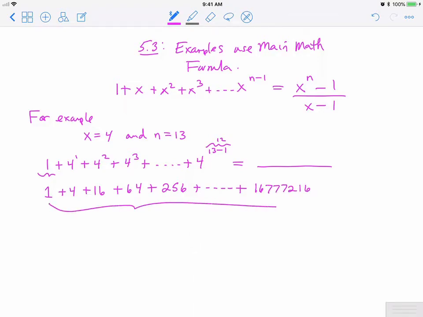And then you have to add all these numbers together, which is quite a bit of work to do, to be honest.